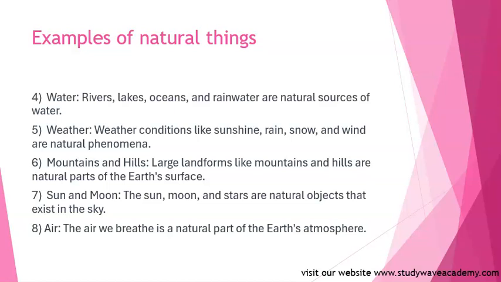Weather conditions like sunshine, rain, snow, wind are natural phenomena. Mountains and hills. Large landforms like mountains and hills are natural parts of the Earth's surface. Sun and moon. The sun, moon, stars are natural objects that exist in the sky. Air. The air we breathe is a natural part of the Earth's atmosphere.